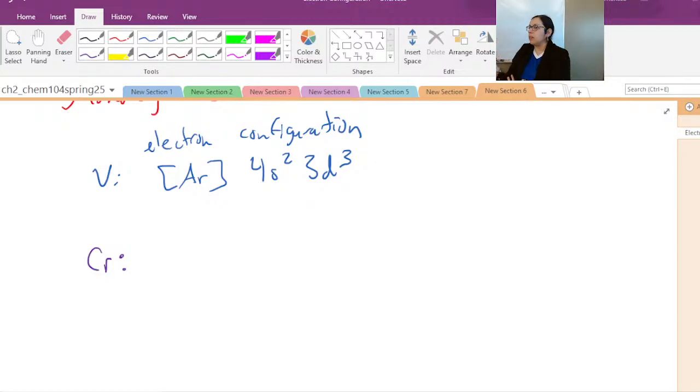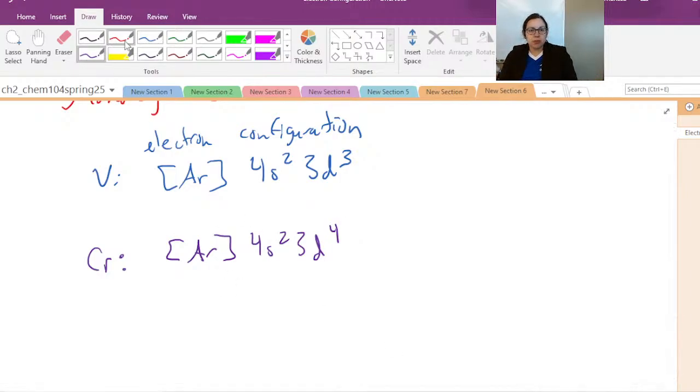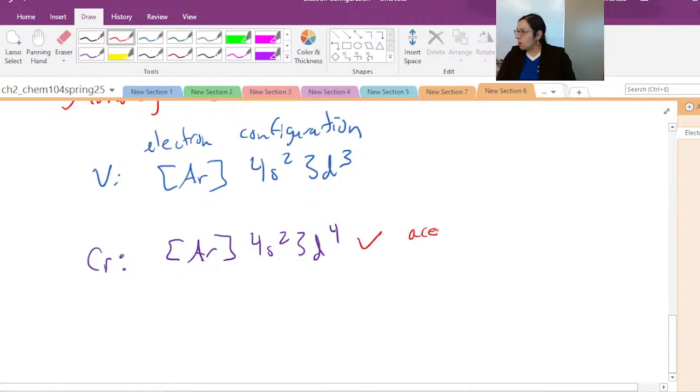And so what do we think the electron configuration is? What do we just expect? So argon 4s2, 3d4. And first of all, this is a perfectly acceptable answer for our purposes.